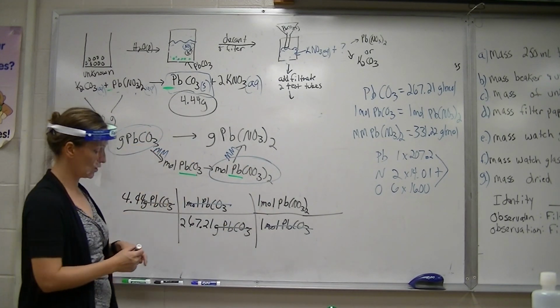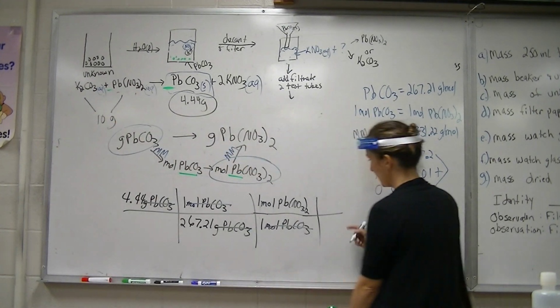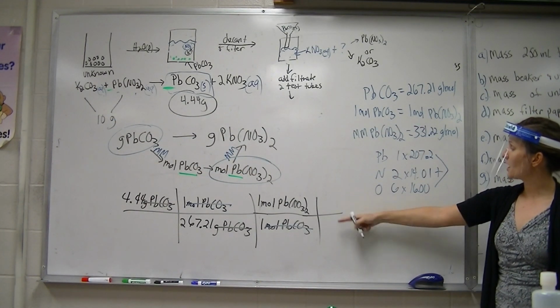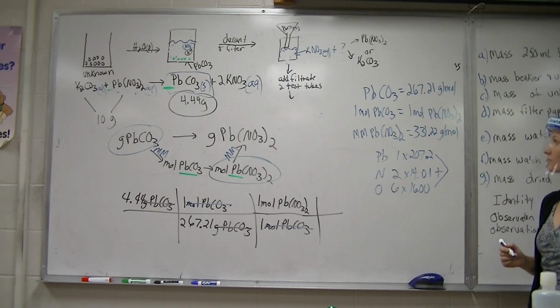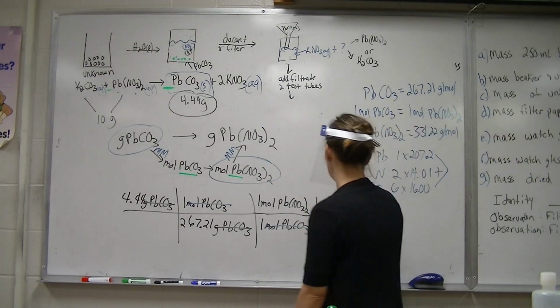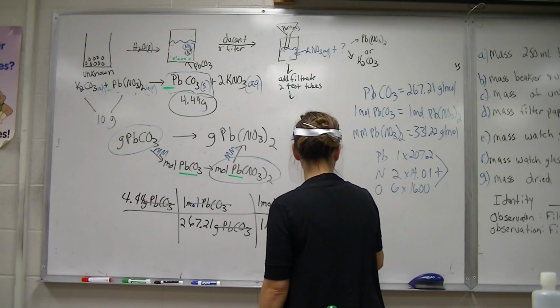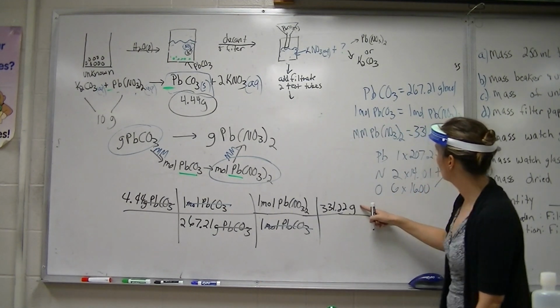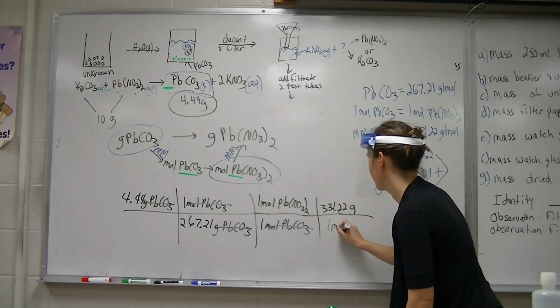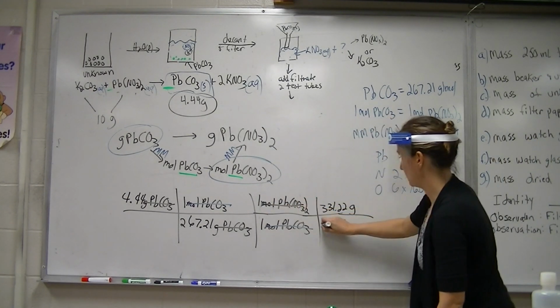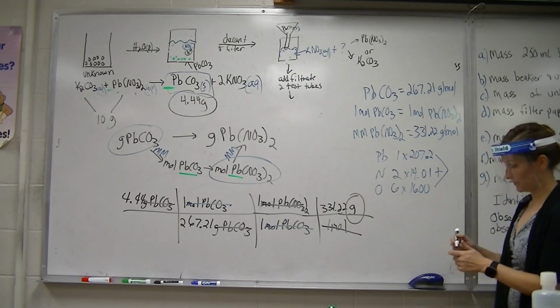So our last step is molar mass again. So for this molar mass, what are we doing? Top or bottom? For that 331? Top, yeah. 331.22, because that's the gram portion. And that'll put the per mole part on bottom, so that the moles cancel. Now our units are going to be grams.